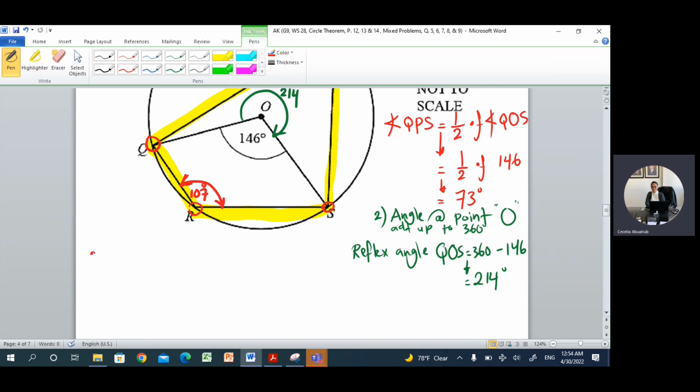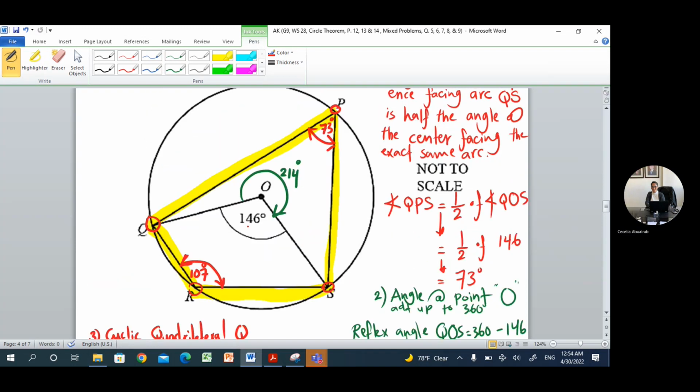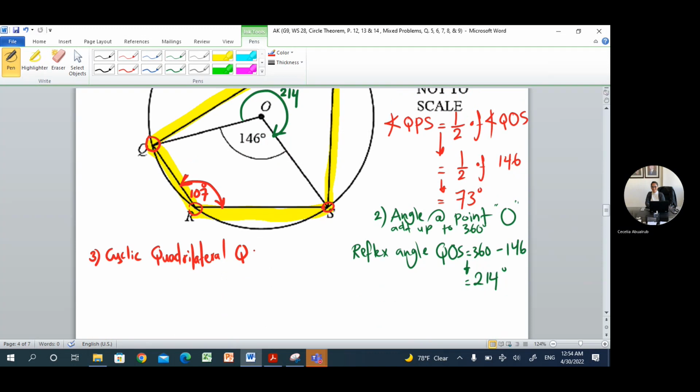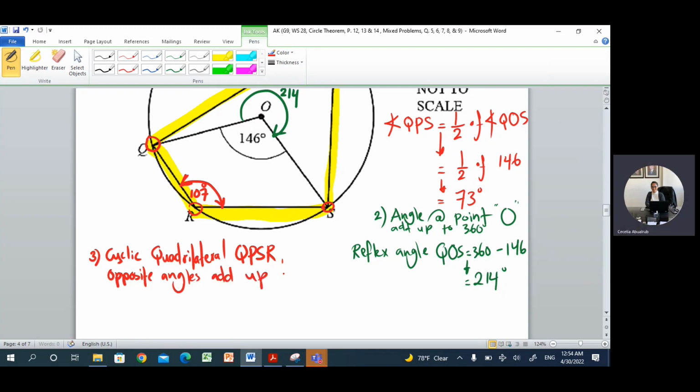So we can say step number 3, cyclic quadrilateral, and you must name it, which is QPSR, opposite angles add up to 180.